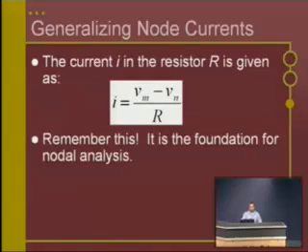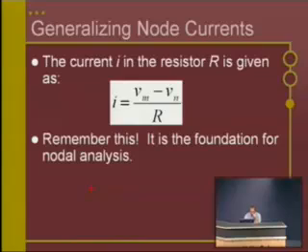When you want to know the current that's running through a given node, it's given as the voltage on one side minus the voltage on the other side, divided by the resistance between them.